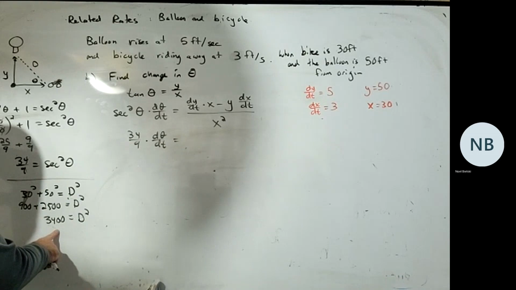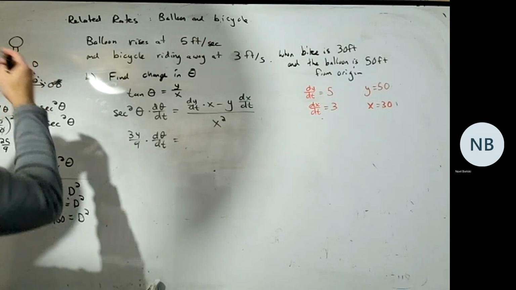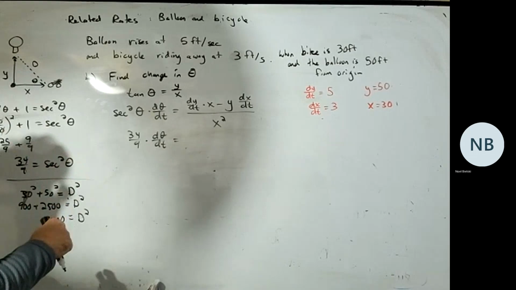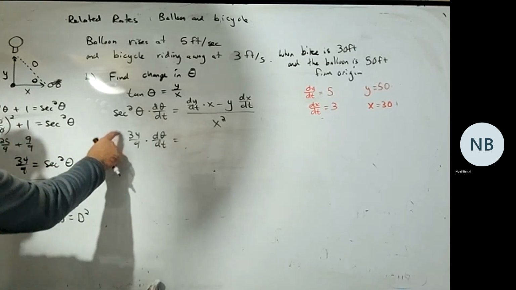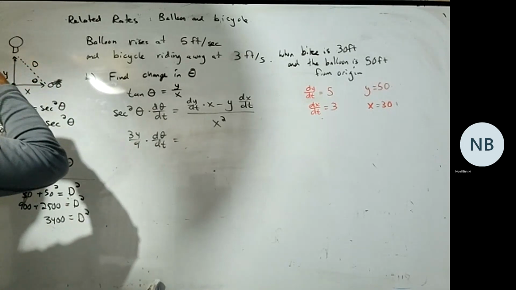Times 10 or squared. I will get a calculator in a second. You'll figure out that you'll get the exact same number. You're going to get this over this, which is 34 over 9.